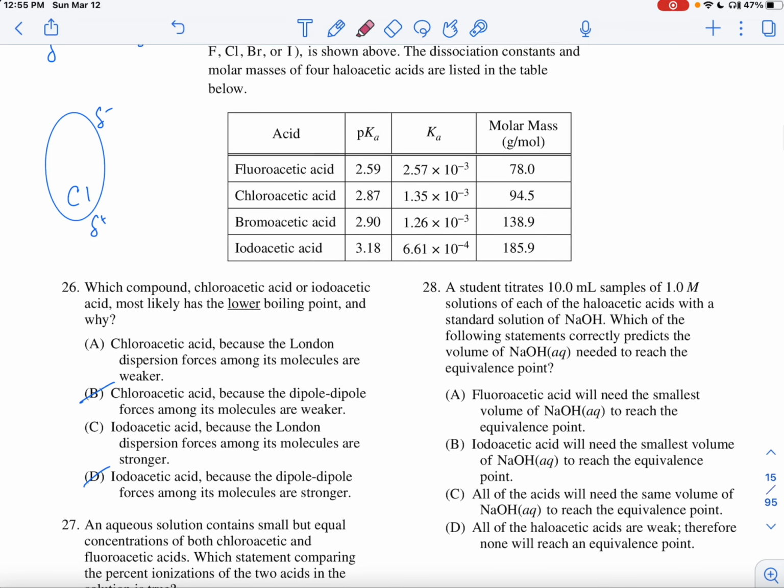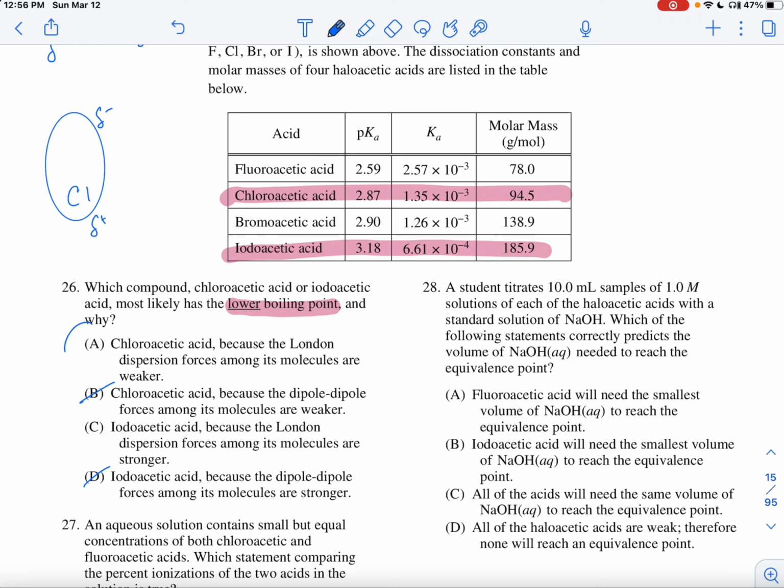So here we're looking for the lower boiling point. So we want the weaker LDF. Which one has the weaker LDF? The one with the smaller mass, which you know is, what are we looking at? Chlorine and iodine, which we know is chlorine.